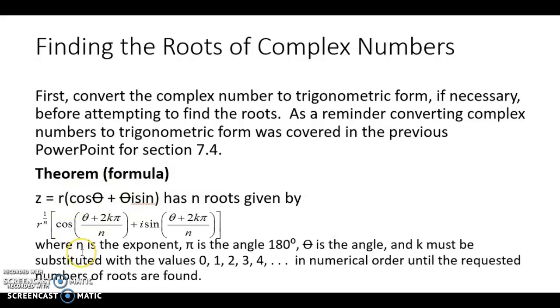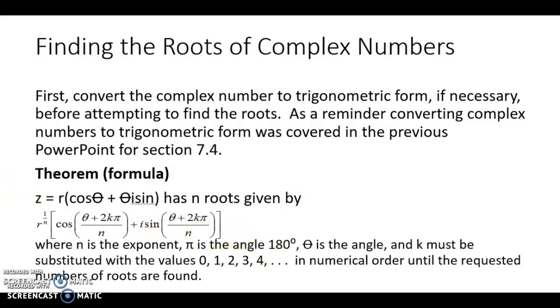In this formula, n is your exponent. Pi is the angle 180 degrees. So you will always plug in 180 degrees for pi. If you think back to our first chapter, there we learned, or we were reminded, that 180 degrees is equivalent to pi radians.